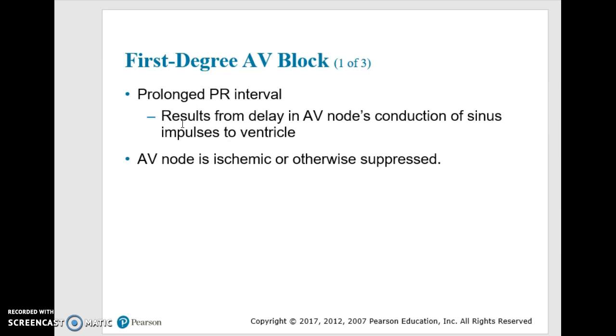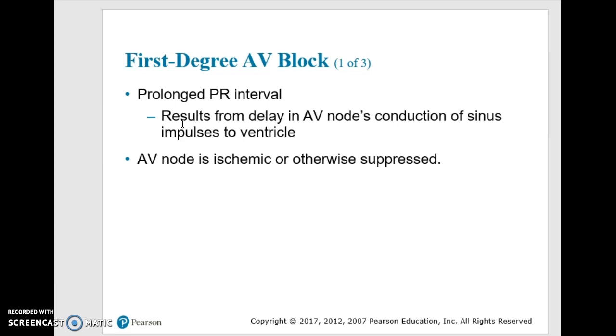That area of the heart slows the impulses down and makes them go slower than they would normally go through there. So that's why we see the lengthened PR interval.